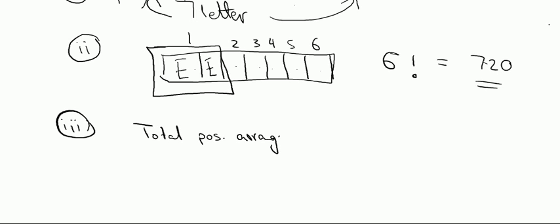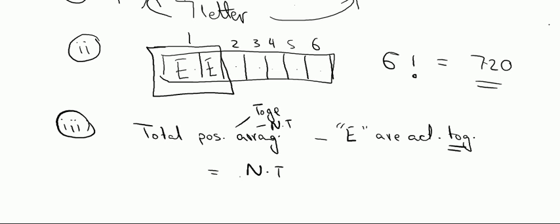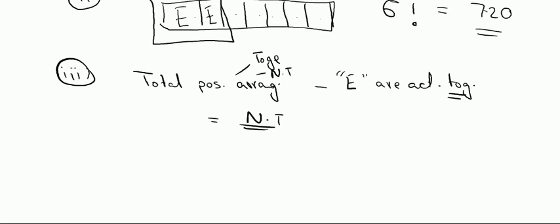By total possible arrangements I mean that some of these arrangements will have both E's together and some of them will not have E's together, and I subtract the ways in which E's are actually together. This includes together and not together, and if I subtract from it together, I will be left with not together, the arrangements in which E is not together.